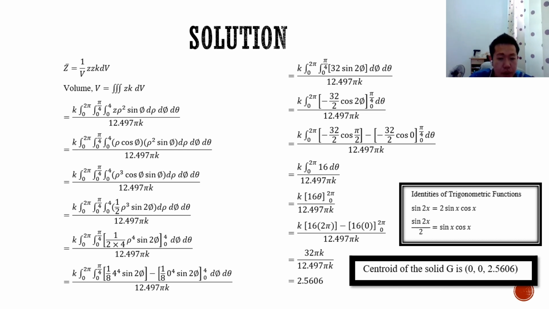And then we use the normal equation, substitute in the values of the limits, and at the end we get z equal to 2.5606. So the answer is that the center of the solid G is (0, 0, 2.5606). So that's all from me.